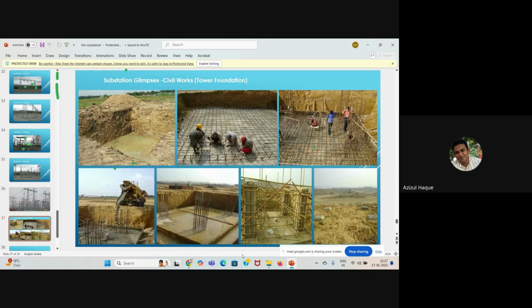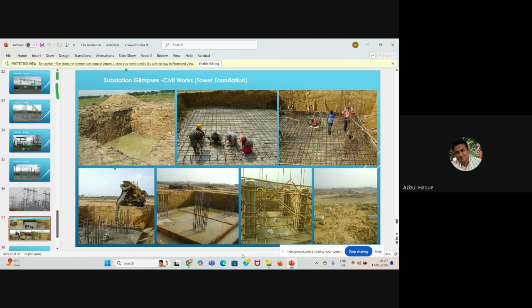This is the civil work we have shown. This is how a tower foundation is prepared from the very beginning. First, excavation of soil, then according to the design, we put the raft. This is MS rods, steel. Then there is a cage of this steel. Then we do the concreting; this concrete mixing machine is pouring the concrete.